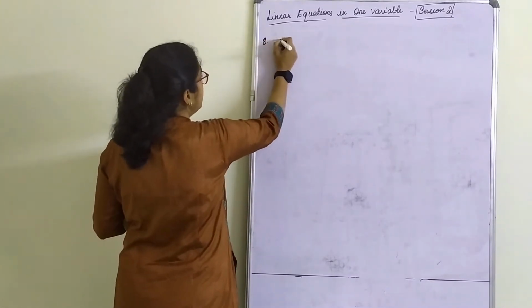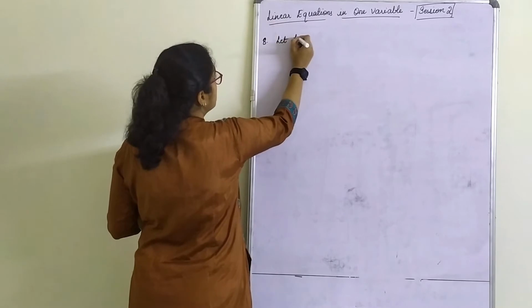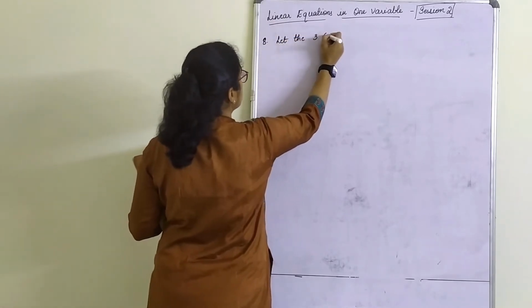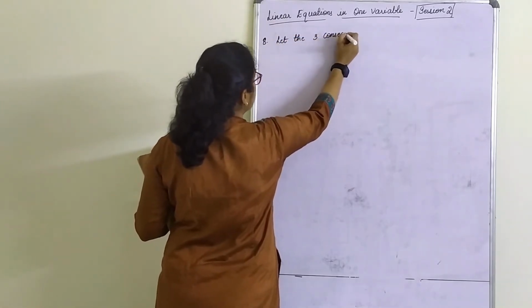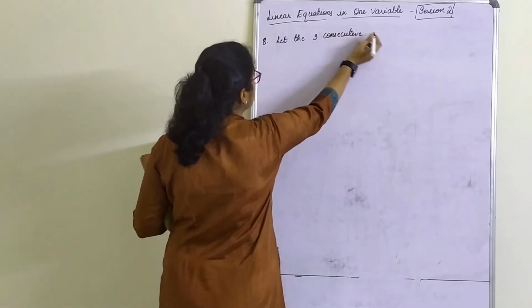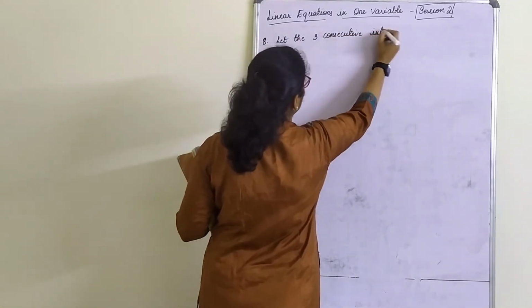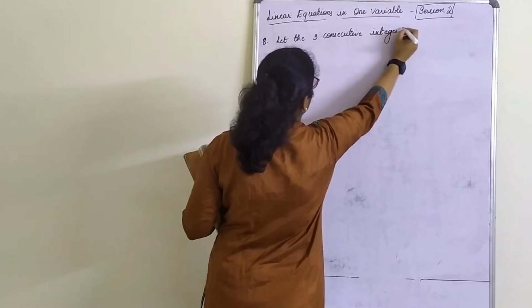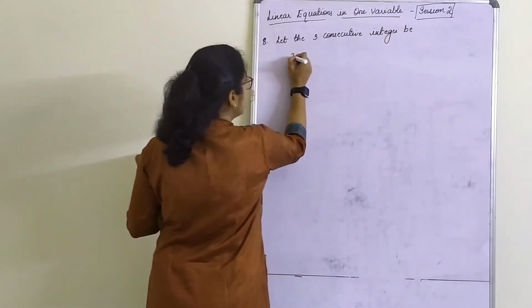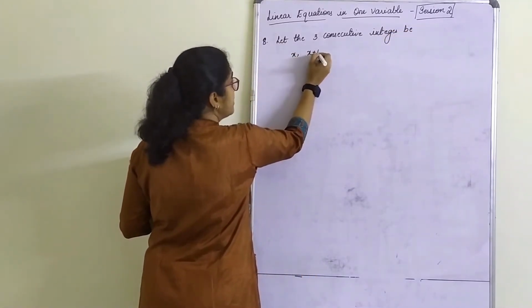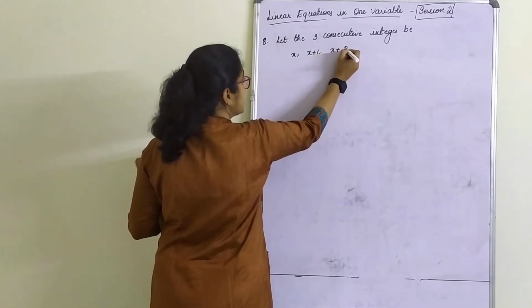So we'll take, let the 3 consecutive integers be, first is x, x plus 1 and x plus 2.